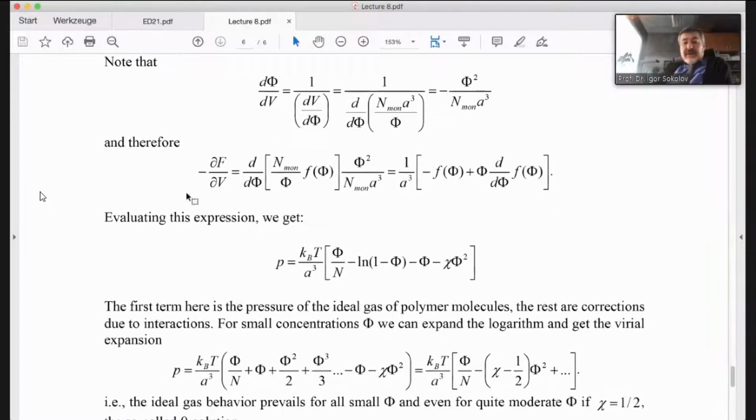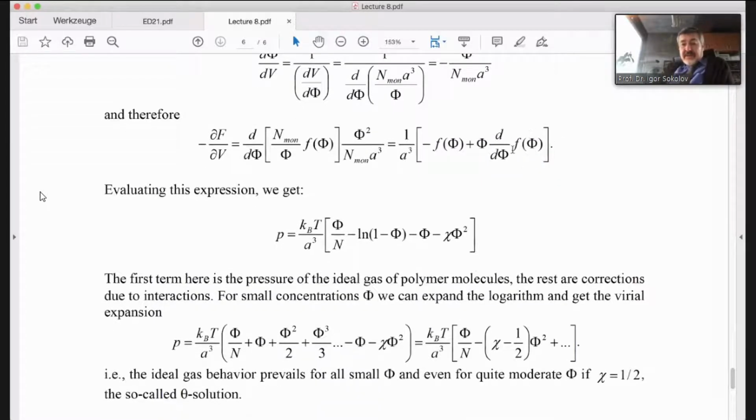And now I take a derivative of this bracket, and I write everything explicitly here. And I hope nobody would have any difficulties with reproducing this. It's simply differentiation, d over d phi of 1 over phi gives 1 over phi squared, minus times phi squared, it's minus phi squared, and monomer cancels. It's a wonderfully simple expression.